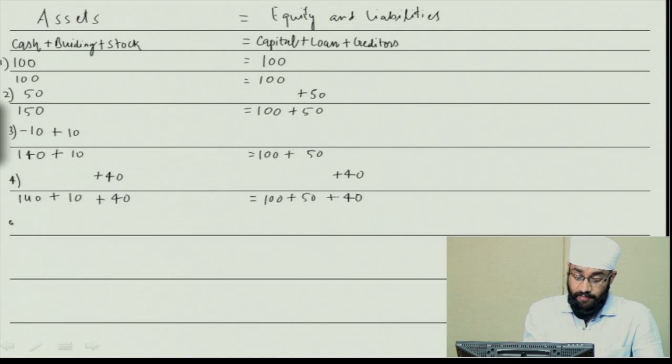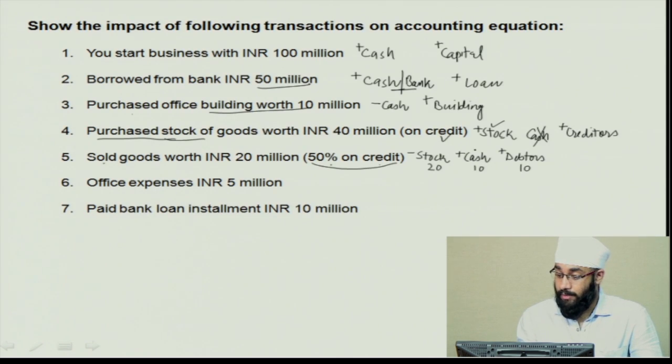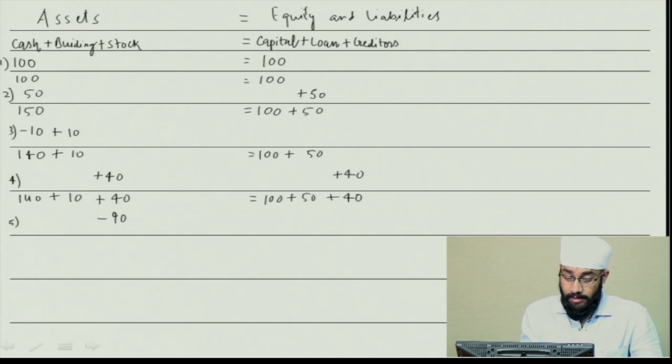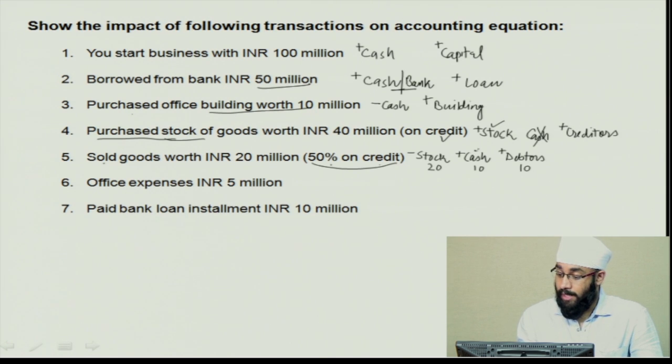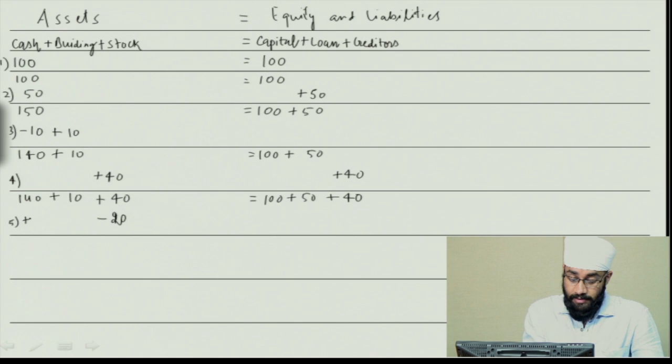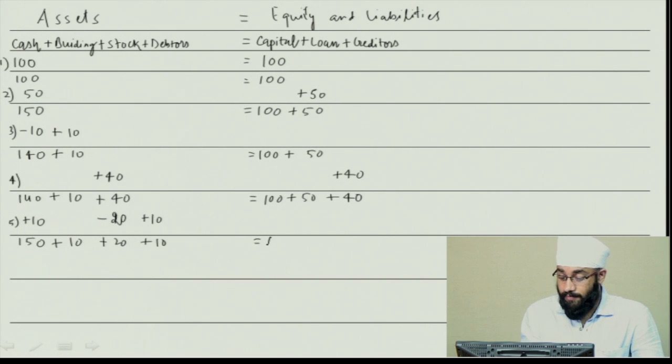So in transaction 5, you will have stock negative 20, and you have cash positive 10, this increases, and you have another asset which is debtors, this is the amount to be recovered, which is 10. So this results in the total still being the same for both sides of the accounting equation.